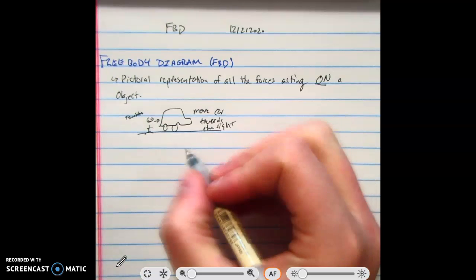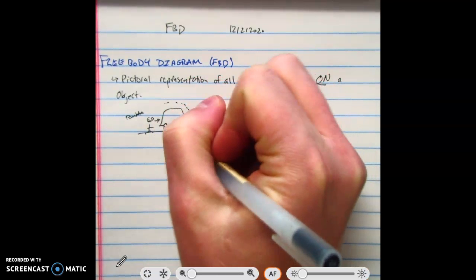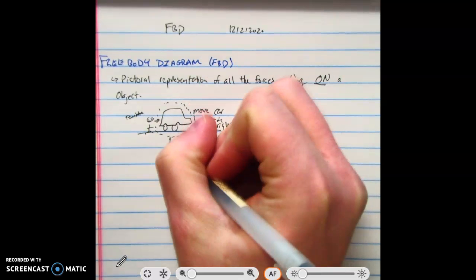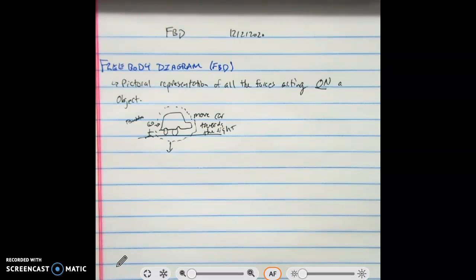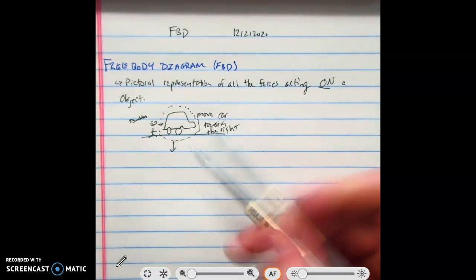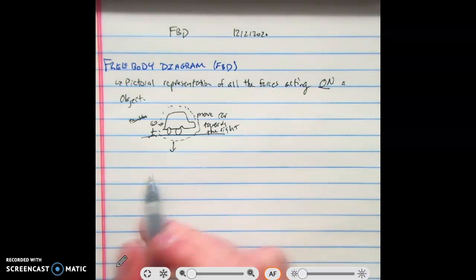So what a free body diagram does is it takes an object, in this case a car, and breaks it down into a simple shape. Now you're thinking, this car is a pretty simple shape as it is, but in physics we break it down even simpler.